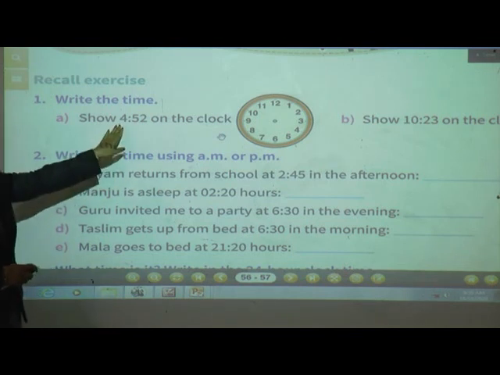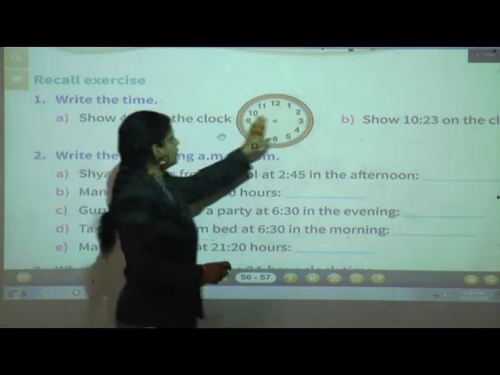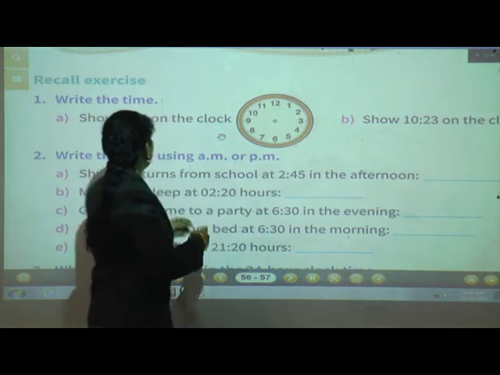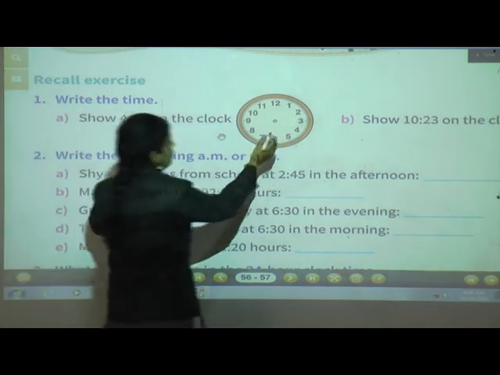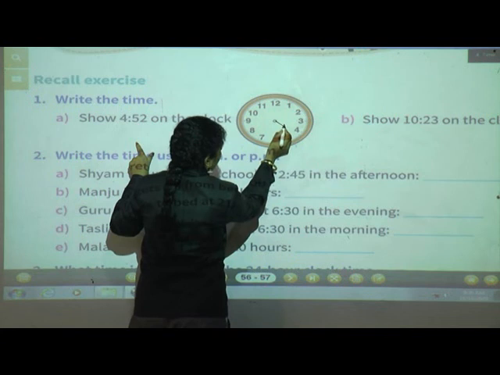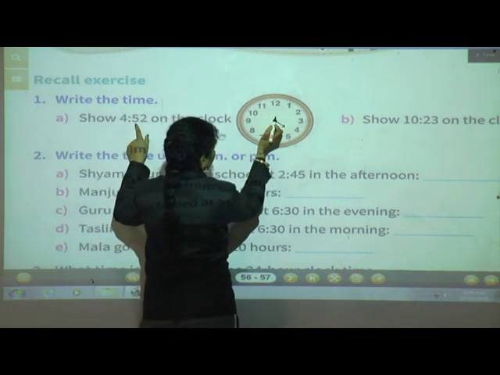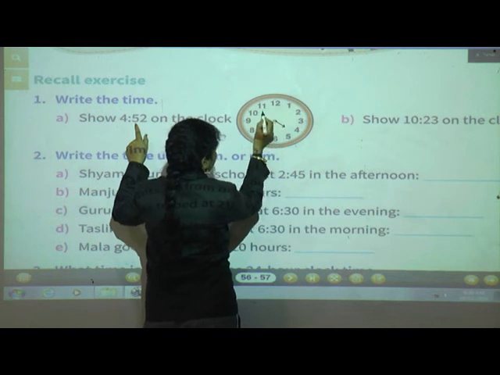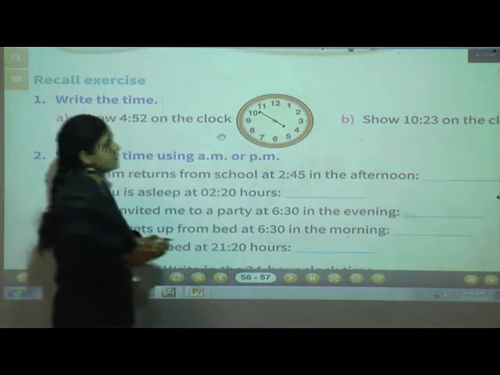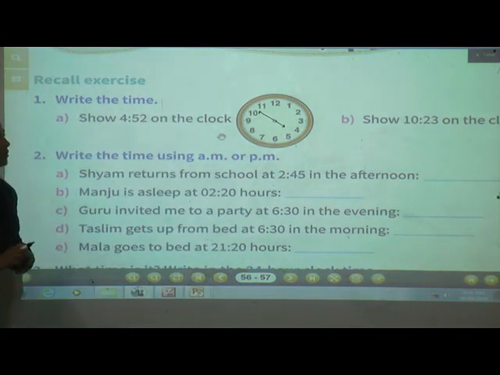We have to show the time on the clock. Here is a 4, so draw the short hand. And where is 52? Yes students, between 10 and 11, count 2 divisions and draw it.